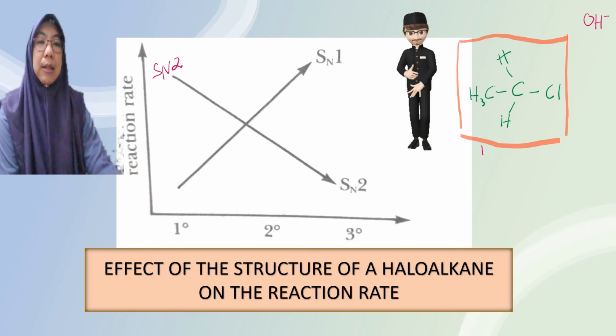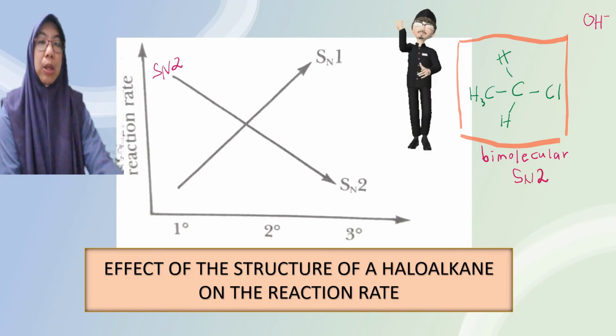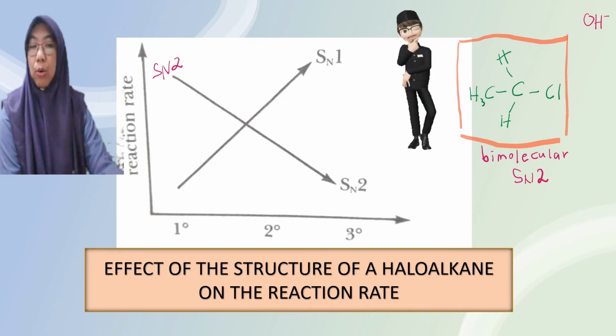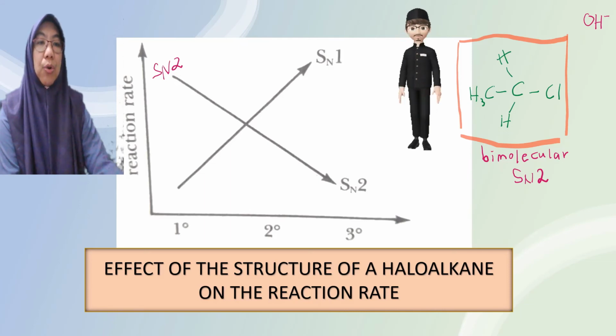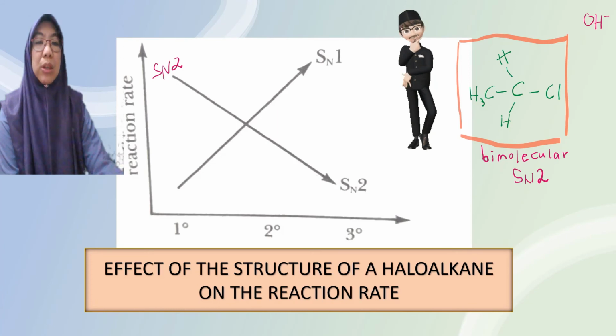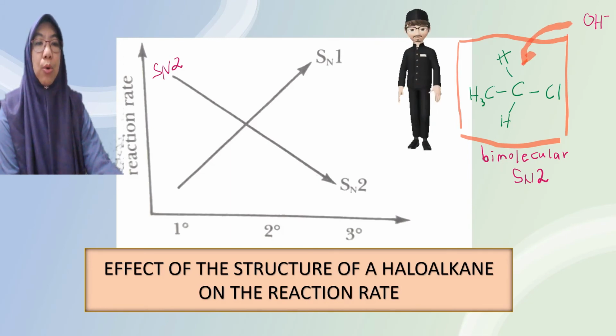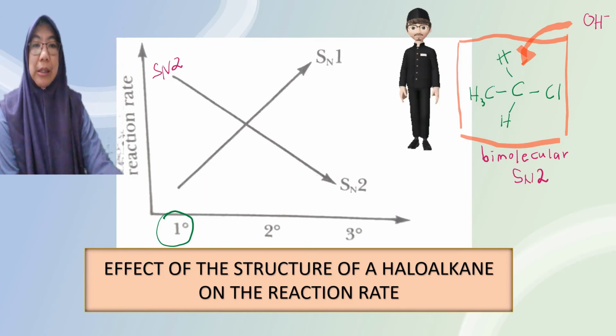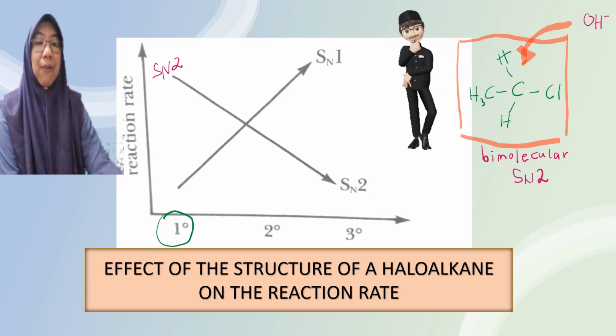SN2 is bimolecular because the reaction involves two types of molecule, the halide and the nucleophile. When the nucleophile reacts with the haloalkane, one bond partially breaks while the other partially forms, occurring simultaneously, because there is no steric factor here.